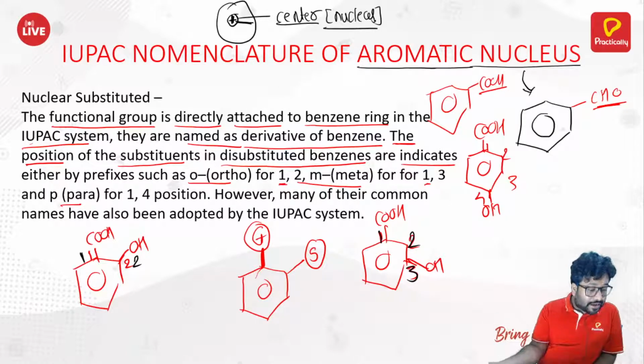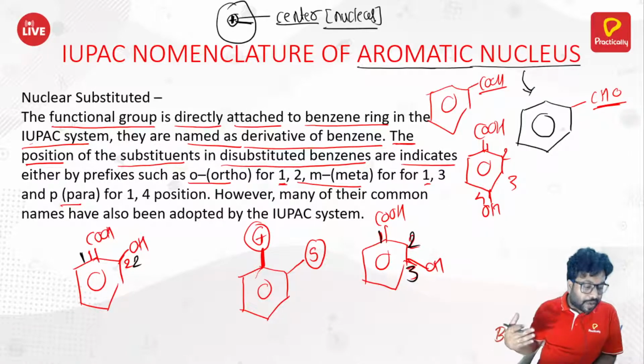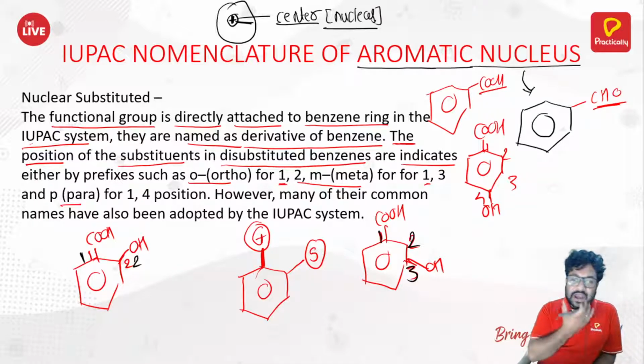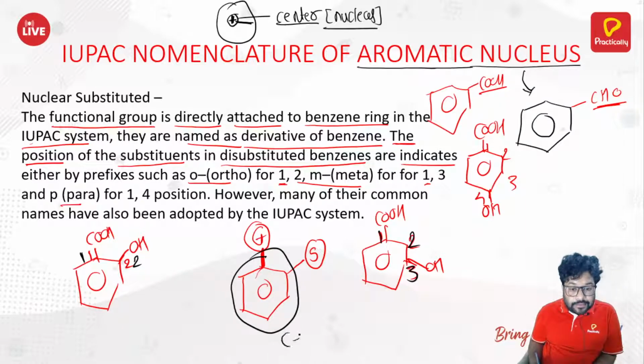At the center, right? Similarly, in the structure of the atom, what do we have at the center? Nucleus. That nucleus has protons and neutrons, right? Now that proton and neutron together is called the nuclear part. So here, what I'm saying is, aromatic nucleus means your benzene ring is at the center of the naming.